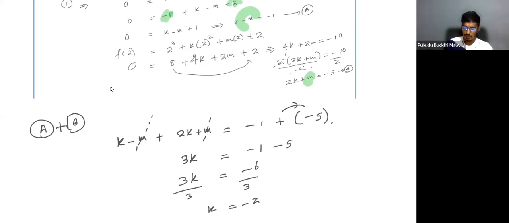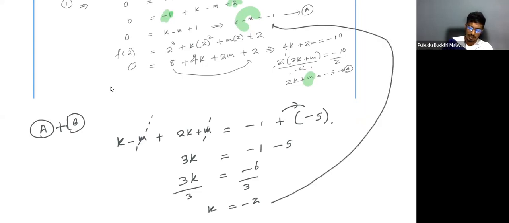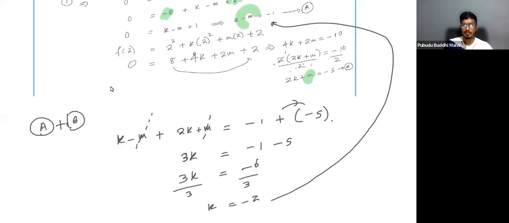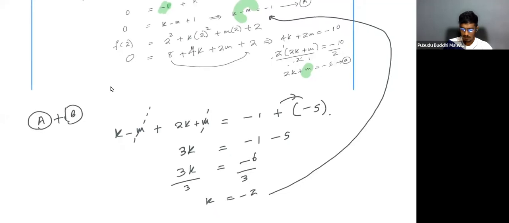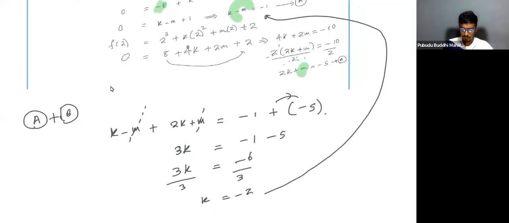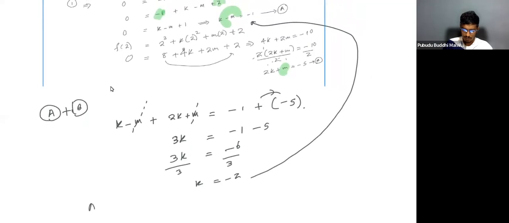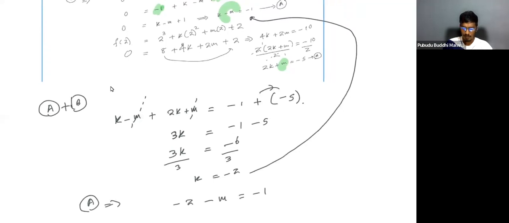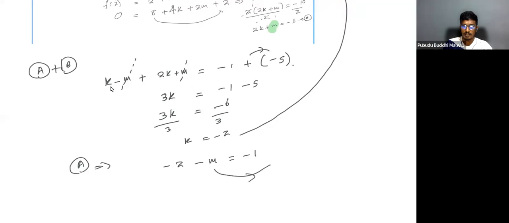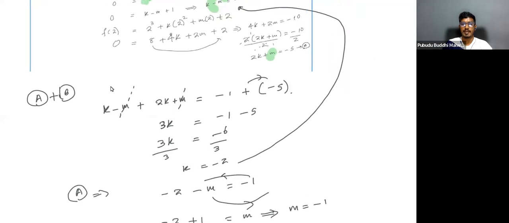Then substitute that value into equation A or equation B to get m, right? So from A, minus 2 minus m equals minus 1. Then let me move m to the other side and minus 1 to this side, equals m. m equals minus 1. So we found k and m.